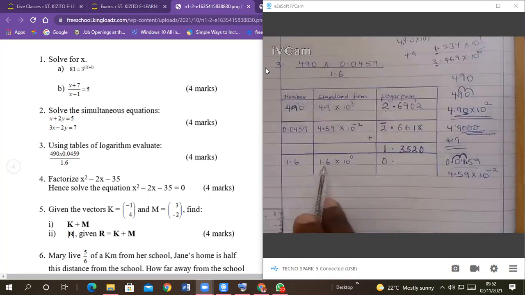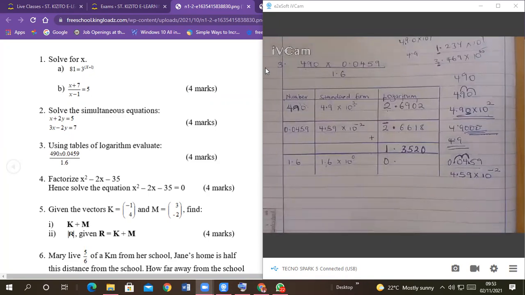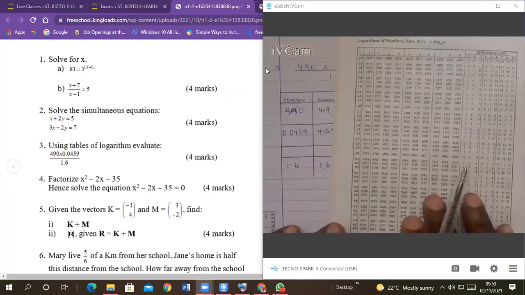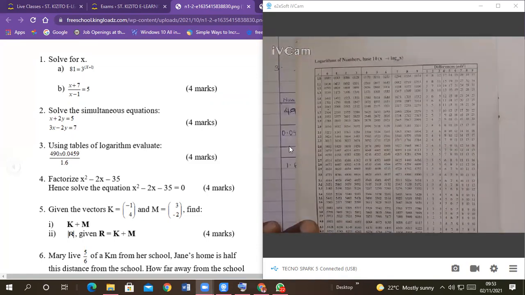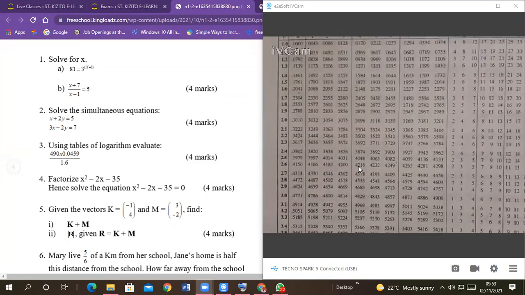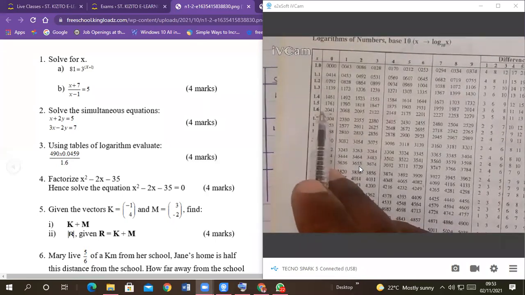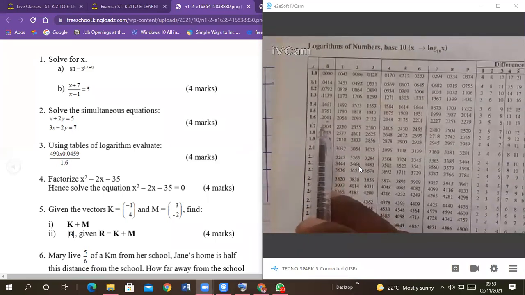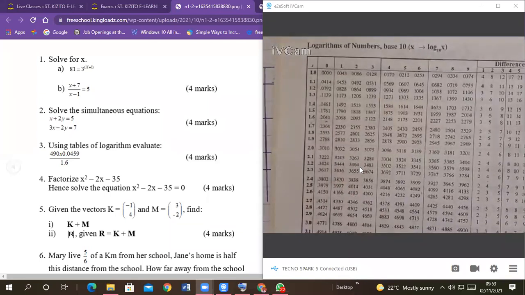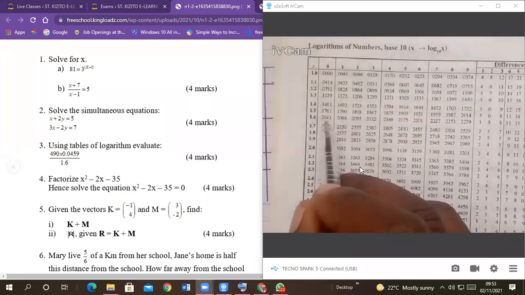Then you look for the log of 1.6. Go back to the log tables and look for 1.6. So this is 1.6, and if it doesn't have any other digit, you go to 1.60. It is only 1.6, but you go to 1.60 because it doesn't have any other digit.